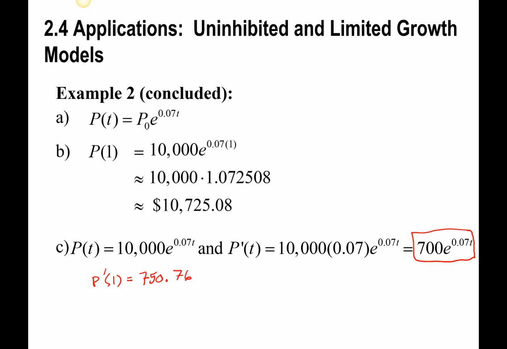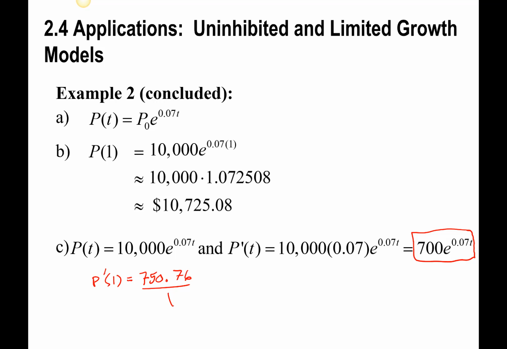It's $750.76. But what's that mean? This is the hard part of the class. First thing to remember, it's a slope, and a slope is always a fraction, isn't it? It's the change in y over the change in x. So this is over 1.